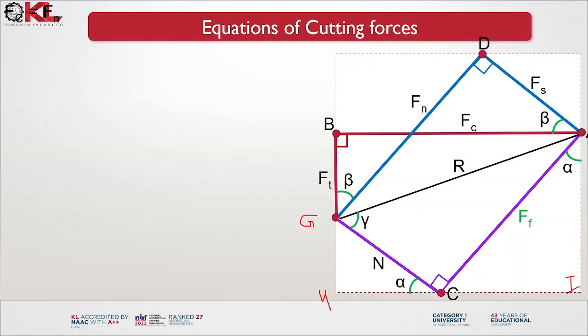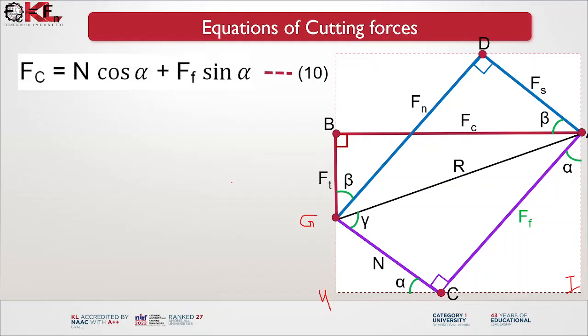Now let us consider this triangle, CGH. From this triangle, with this angle alpha, you can find this side. And from this triangle you can find this entire length HI, which is equal to the cutting force Fc. So Fc is equal to, from this triangle, N cos alpha plus Ff sin alpha, that is equation 10.